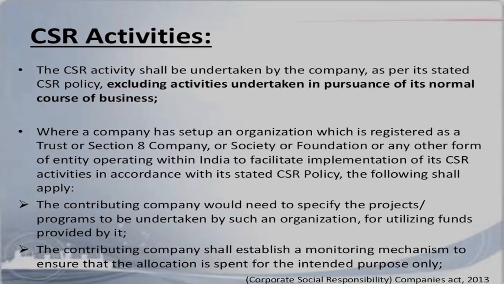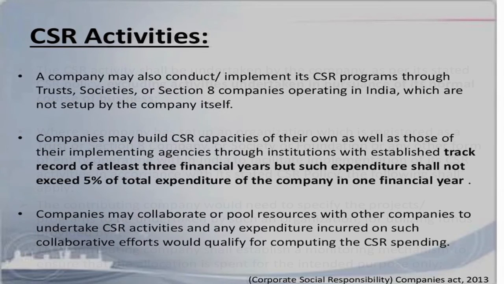Right. So the companies have to specify under which projects they would like to spend. And the contributing companies shall establish a monitoring mechanism to ensure that the allocation is spent for the intended purpose. TCS transferred its 2% net profit to Tata Trust, and it will also monitor whether the amount is being spent on the activity which was specified by them.